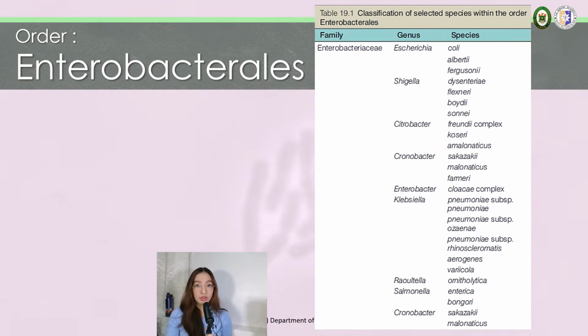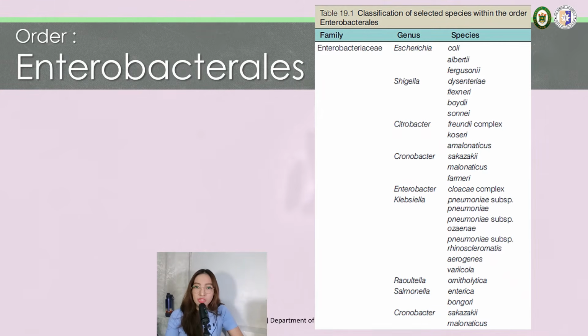In the past, all of the genera that we will be discussing in this chapter belonged to one family, which is Enterobacteriaceae. However, classification of the members had changed. New species have been discovered, and some species have been moved to a different taxonomic classification.